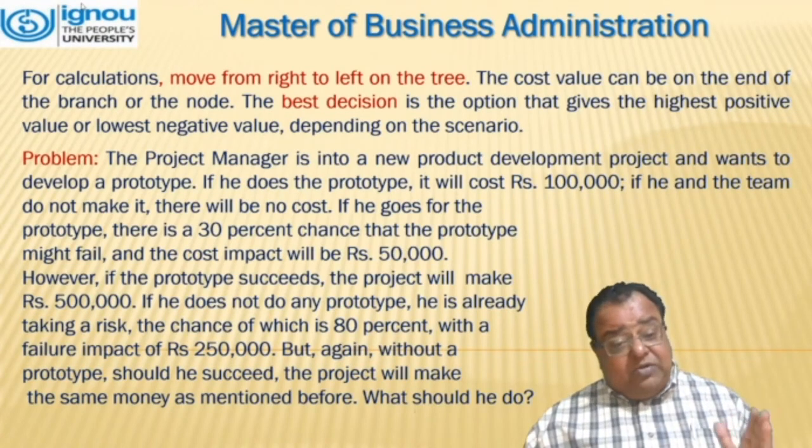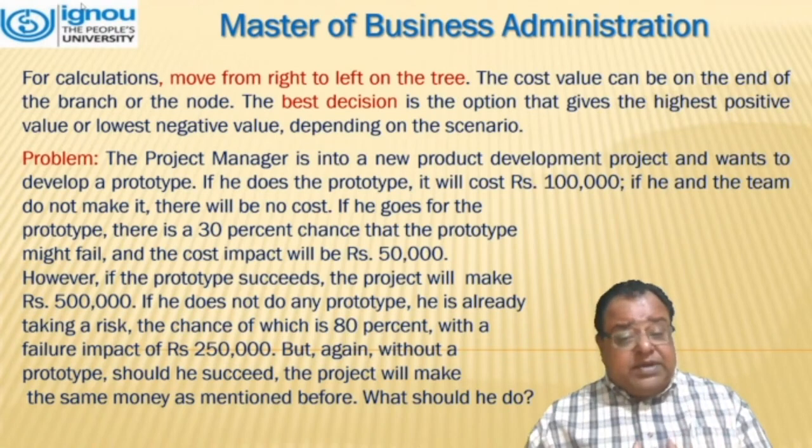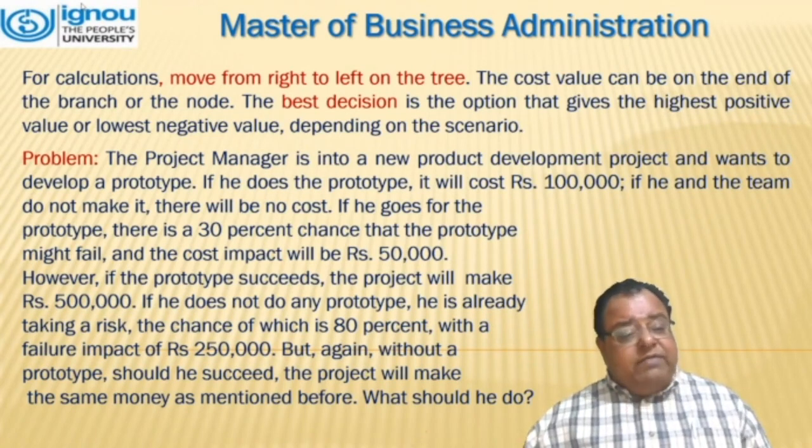If he does not do any prototype, he is already taking a risk. The chance of failure is 80% with a failure impact of 2,50,000. But again, without a prototype, should he succeed, the project will make the same money as mentioned before. What should he do?